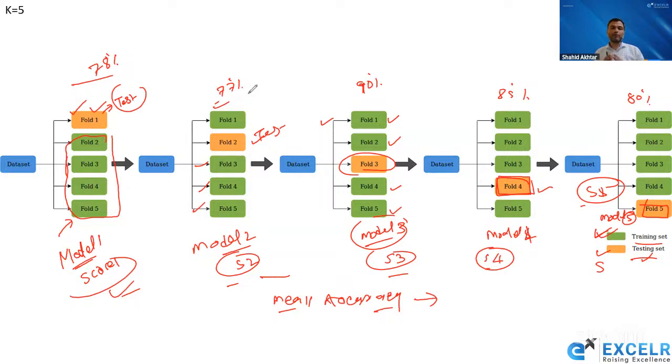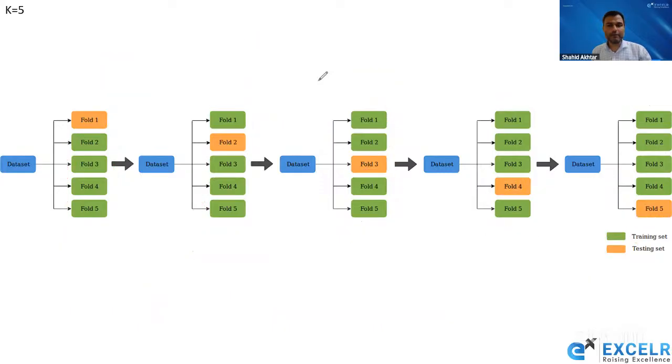This way you have to take the mean of all accuracies, and then say that this is the accuracy of the model. On the basis of only one fold, you can't say that this is the model accuracy. So we have to go like this and check.